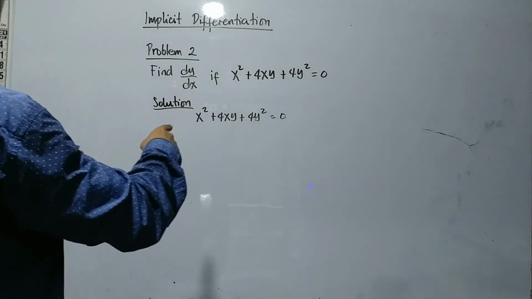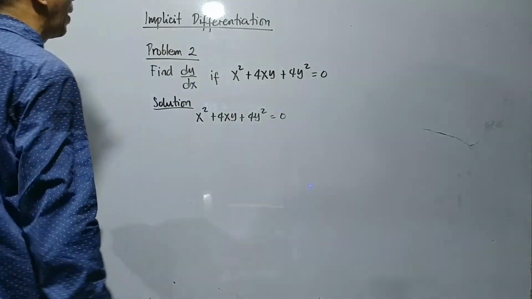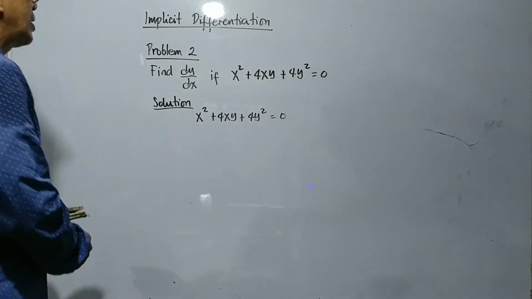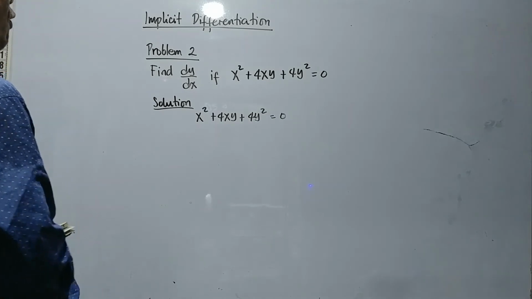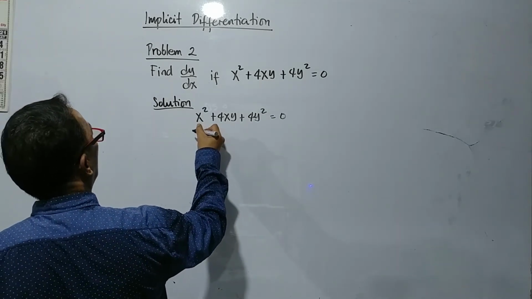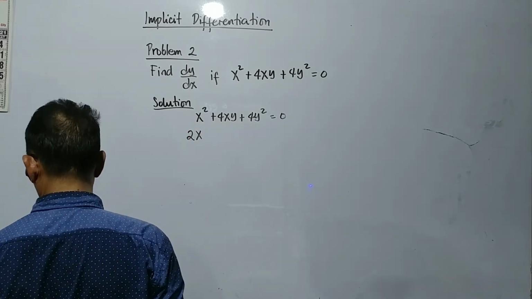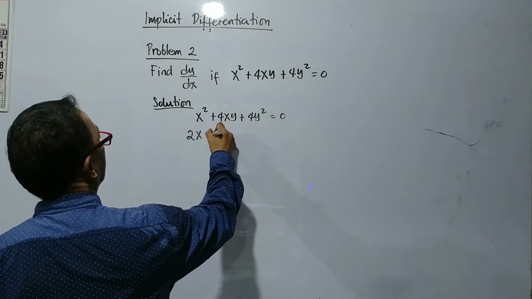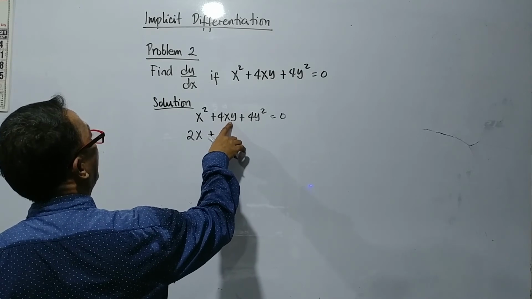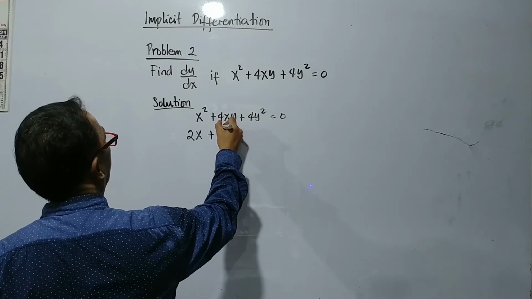Okay. For problem number 2, find dy/dx if x squared plus 4xy plus 4y squared equals 2. To solve it, just copy the problem. First, differentiate x squared. So we have 2x. Next, plus. As you notice, this is a product. So first, copy the first term, differentiate the second.